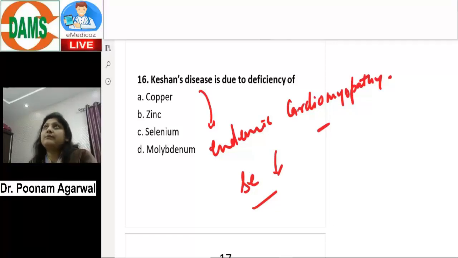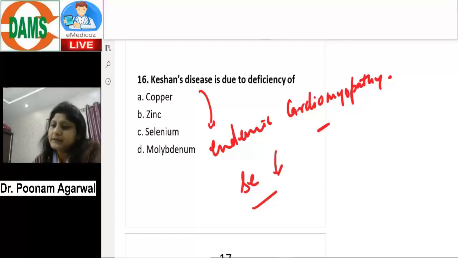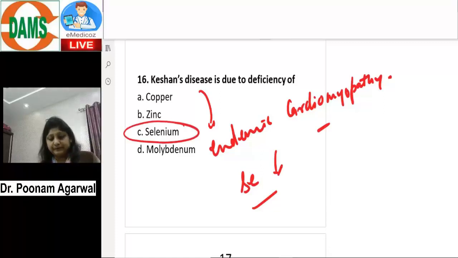It's going to have its impact on the heart, and heart failure, the cardiomyopathy, will be seen in the residents residing in that locality, and that's called endemic cardiomyopathy or Keshan disease. So you should know it's because of selenium deficiency.